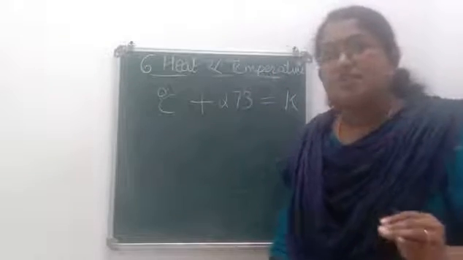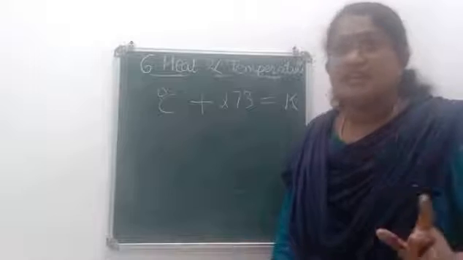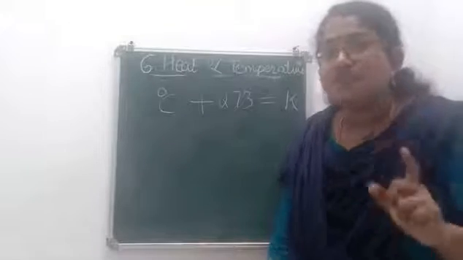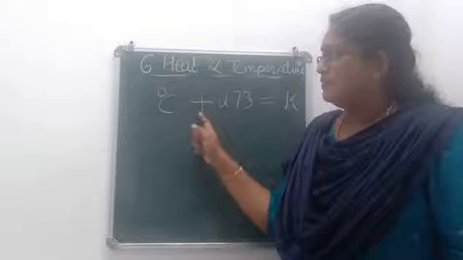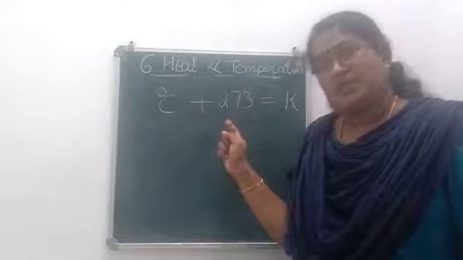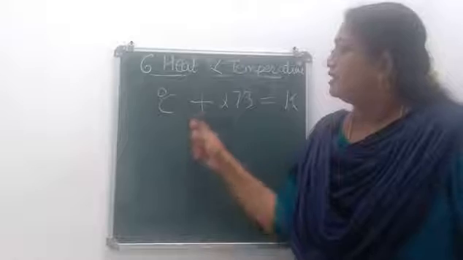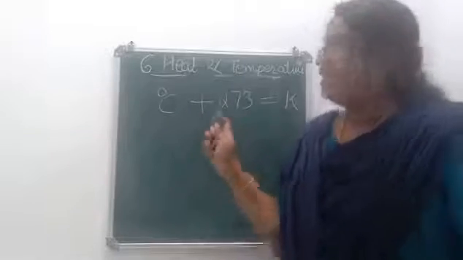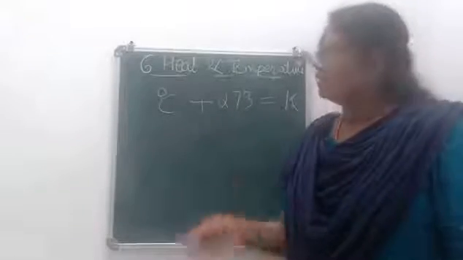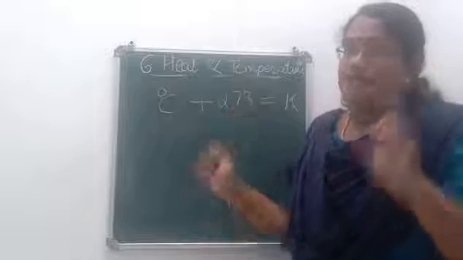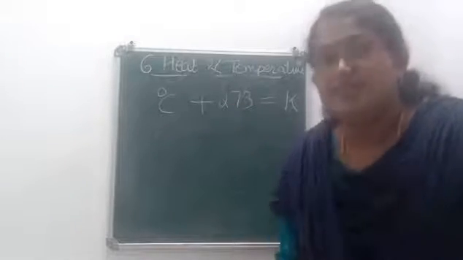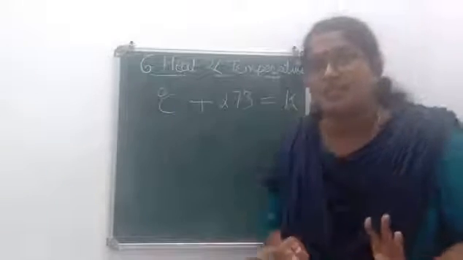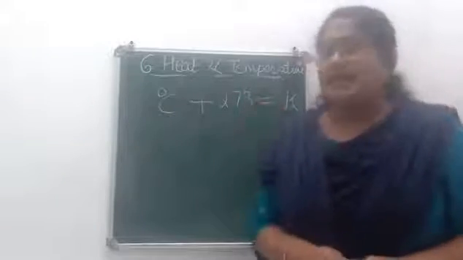If a temperature is given in Celsius scale and you are asked to convert it into Kelvin scale, just add 273. Why? Because the Kelvin scale starts with 273. So just add 273 to the temperature given in Celsius scale and you will get it in Kelvin scale.